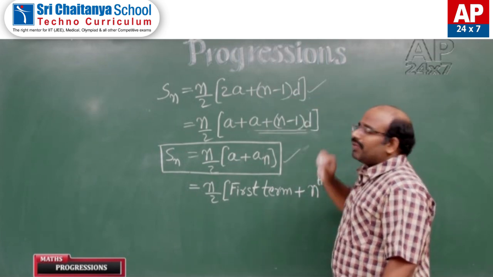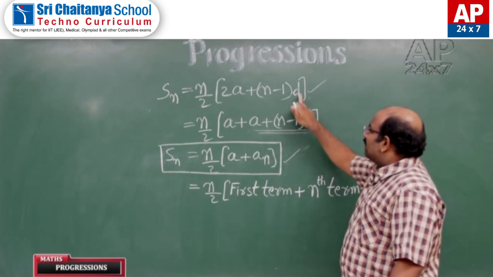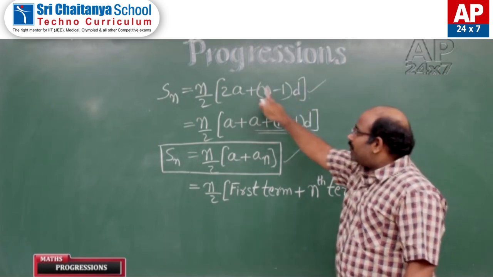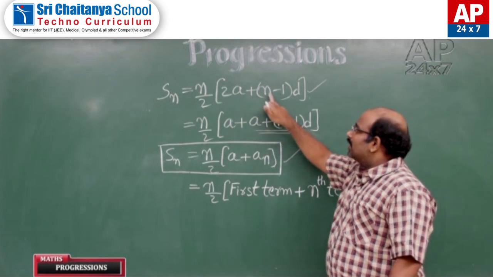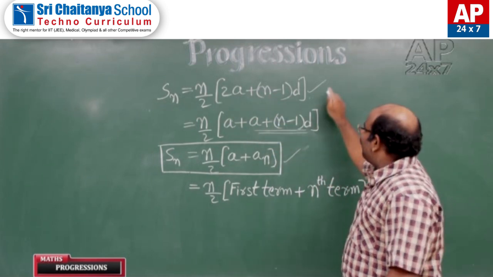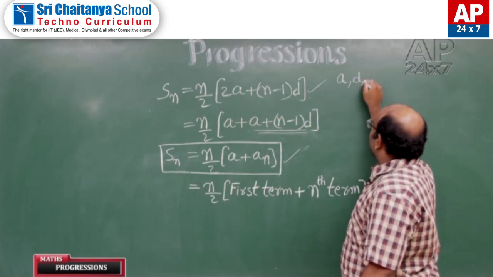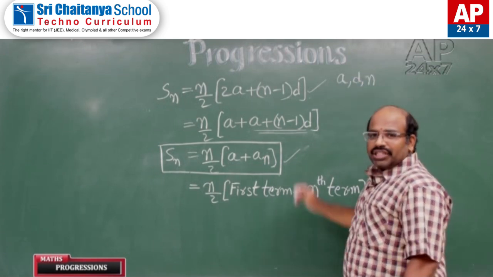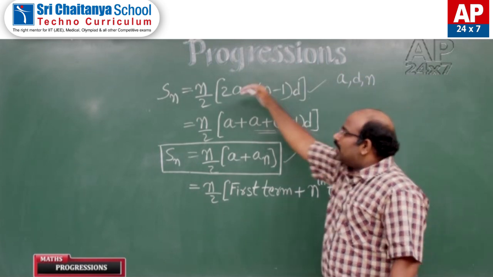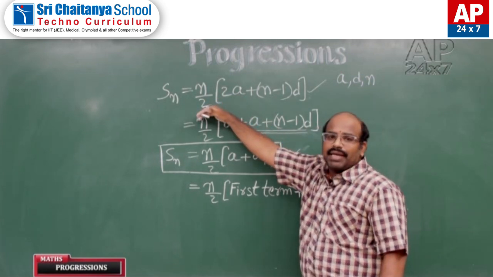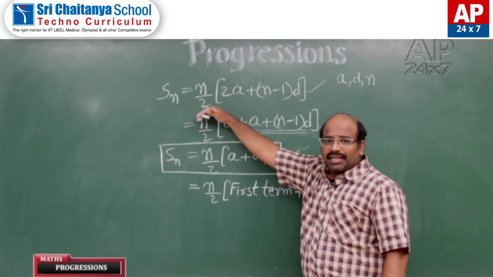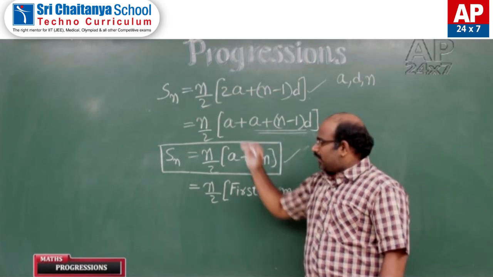The first formula we can use only when the first term, the common difference and the number of terms are given. What are the required values here? First term, common difference, number of terms. When these three values are given, we use the first formula to calculate the sum of first n terms of an arithmetic progression.